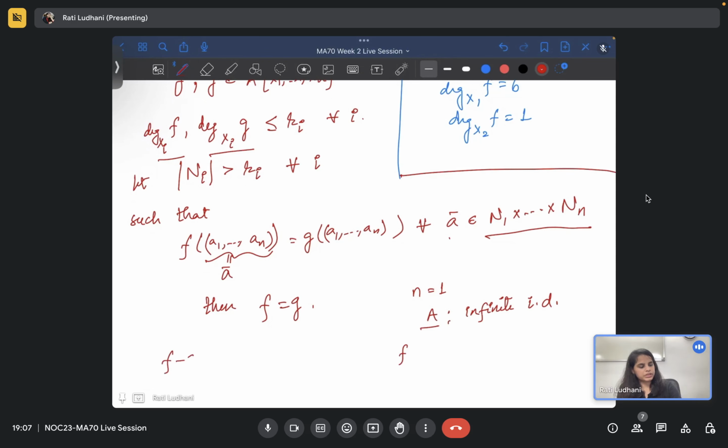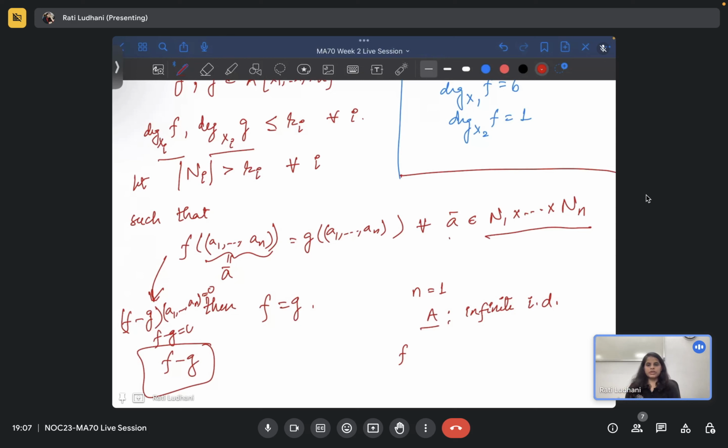So if A is an infinite integral domain, and you take a polynomial, I'm just taking f minus g, so you can explain this theorem like this: if f minus g at a1 to an is equal to 0, then f minus g has to be equal to 0. So I can think of just one polynomial. You replace f minus g by h.